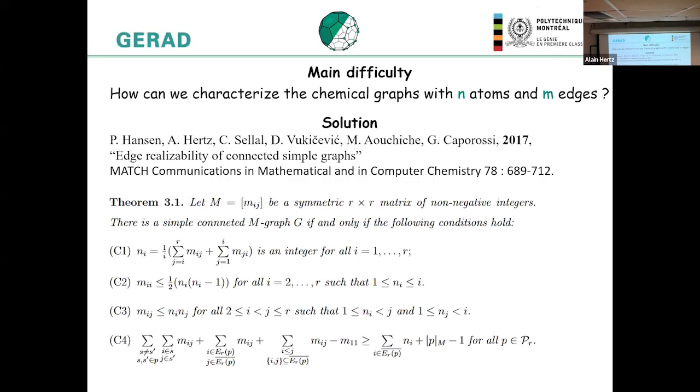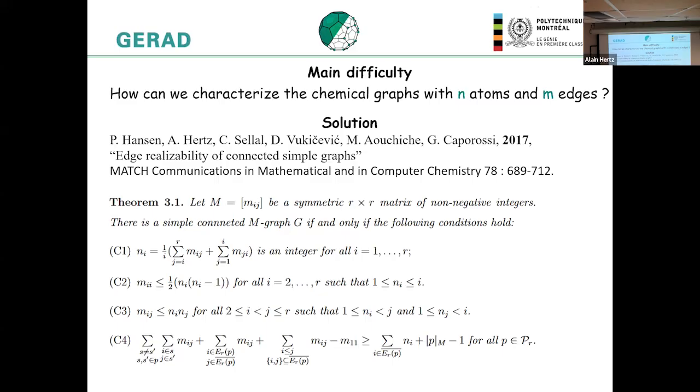You have a set of constraints with the M_ij inside. And if all these M_ij satisfy these constraints, this means that you have a chemical graph with exactly M_ij edges with endpoints of degree i and j. So what we want to do is find M_ij values.